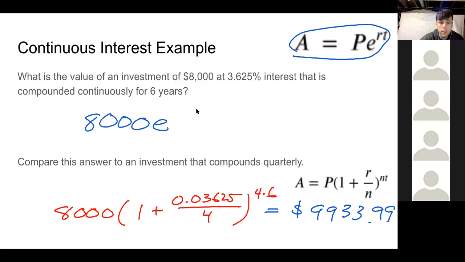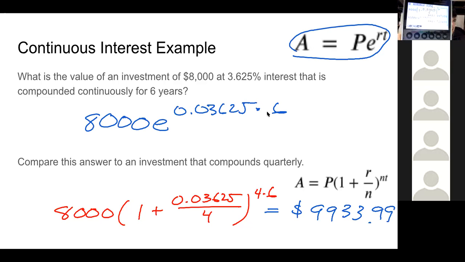8,000 e to the 0.03625 times 6. So 8,000 times e to the 0.03625 times 6.